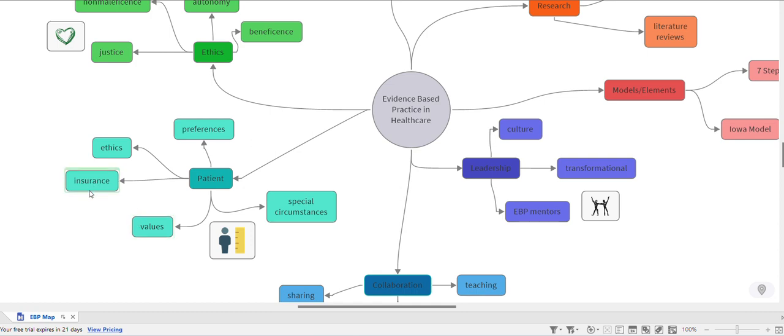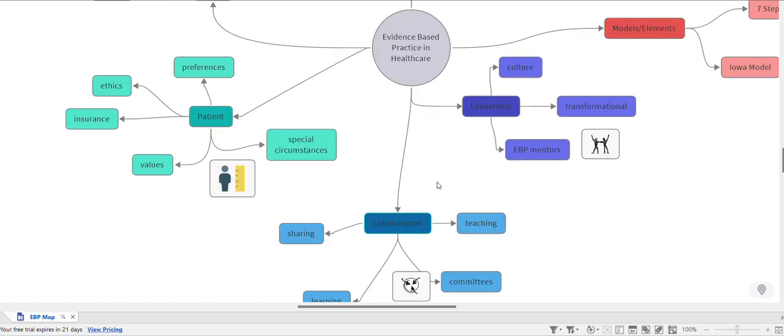The patient's insurance plays a big role in what will or will not be covered when doing any sort of trials. And then any sort of special circumstances that the patient may have. Maybe we want them to do something and they don't have transportation to get there. So always considering each patient has a unique background.